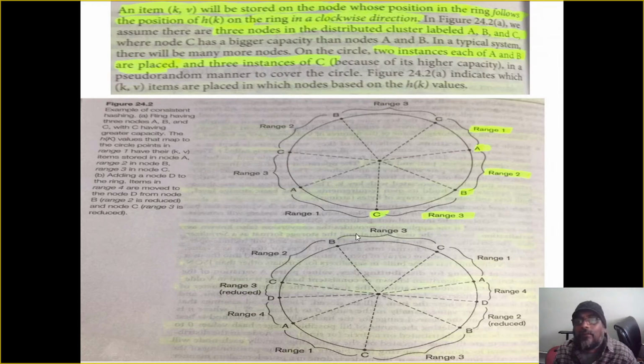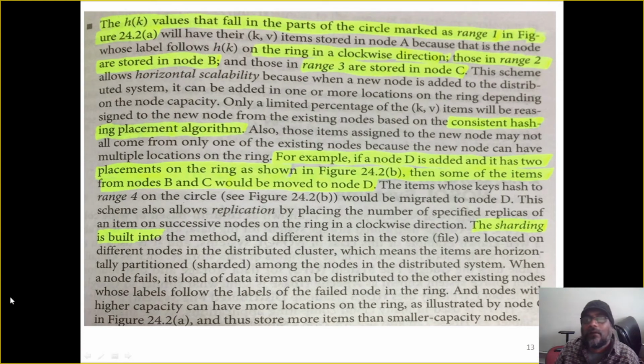So if we make the rule when we go clockwise, then as per the convention of clockwise, the data of the item whose key has range 4 on the circle C would be migrated to node D.